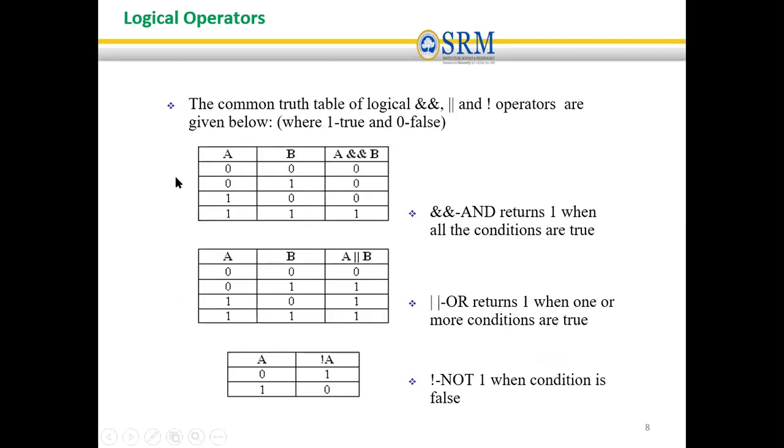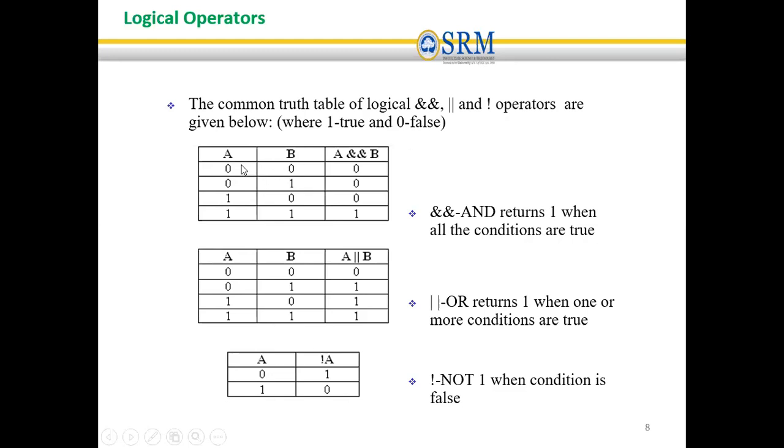To understand the logical operators, we can have a set of truth tables here with AND, OR, and NOT operators. For understanding, we can have 1 as true and 0 as false.